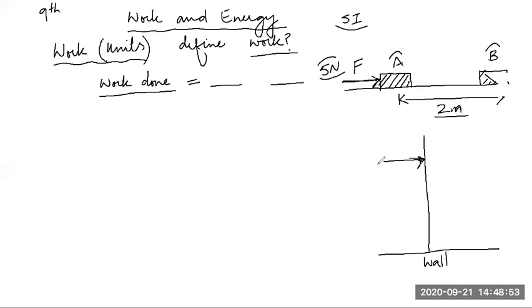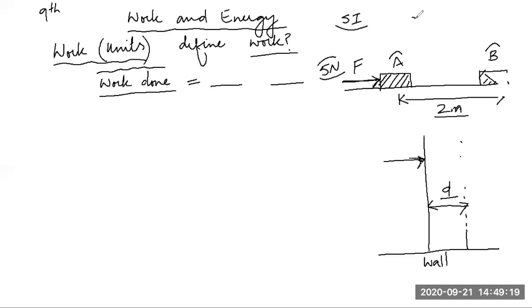No matter how much force a man applies on this wall, the wall is not going to get displaced. If the wall had been displaced by a distance of d, we could have calculated work done. But the wall is not moving. So we understand that work is done when something is getting displaced.